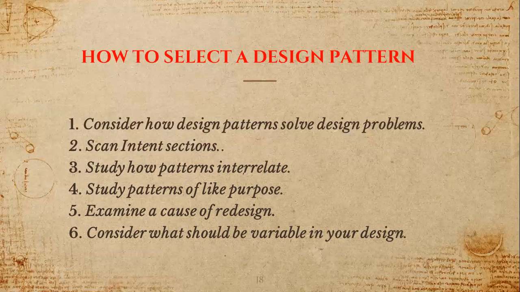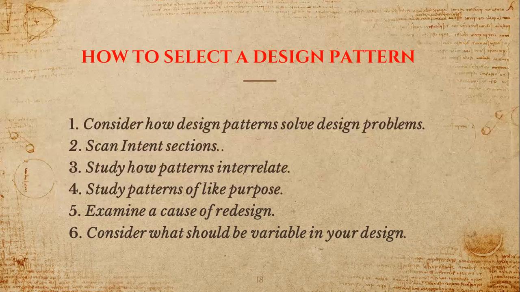This approach is the opposite of focusing on the causes of redesign. Instead of considering what might force a change to a design, we consider what we want to be able to change without redesign. So the fifth and sixth contradict each other. These are the 6 different approaches we use for how to select a design pattern.